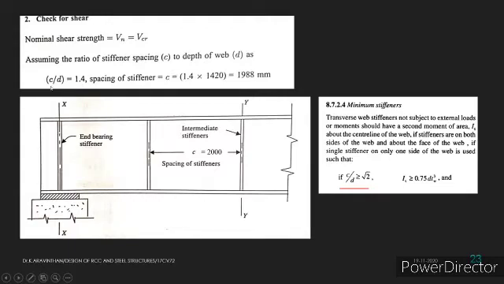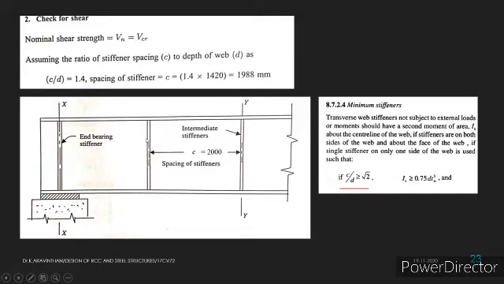Now we are taking this from this relation, and we know the depth, which is 1420. If you cross multiply, we will get the spacing. Now we got C as 1988 mm. If you round it off, we will be providing 2000 mm as the center to center distance between the stiffeners.